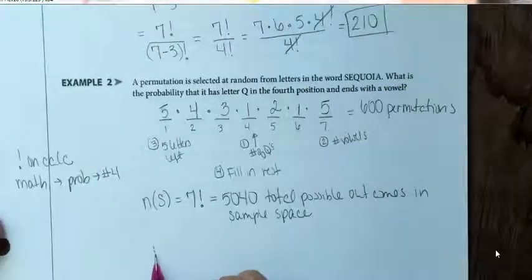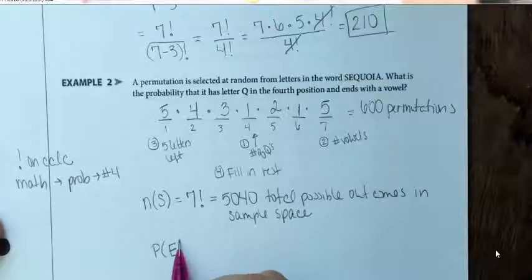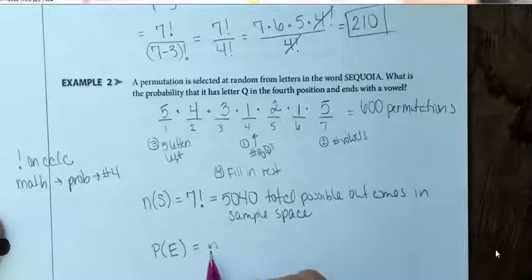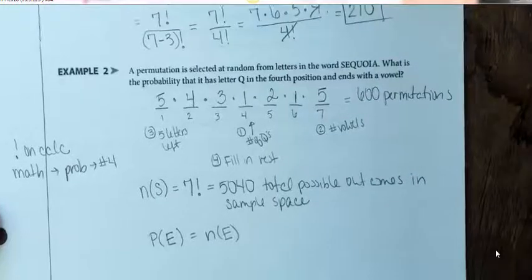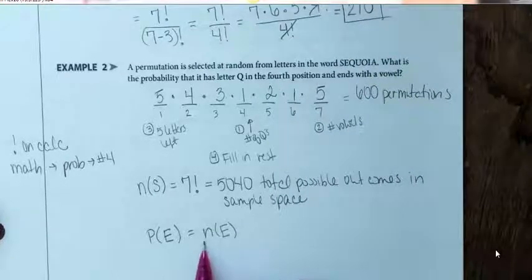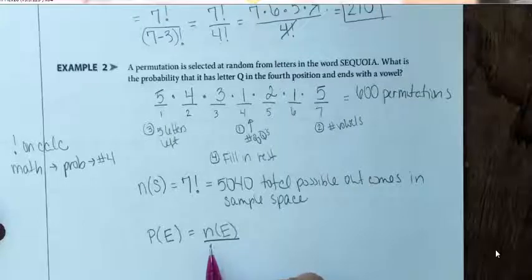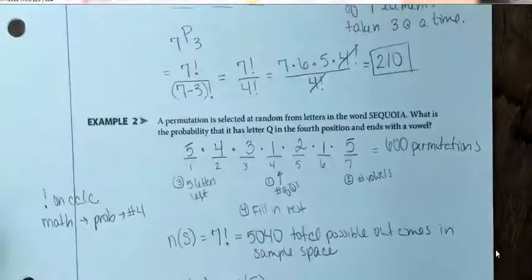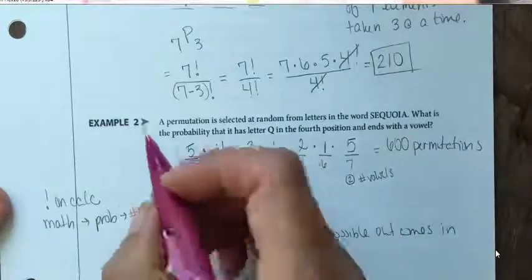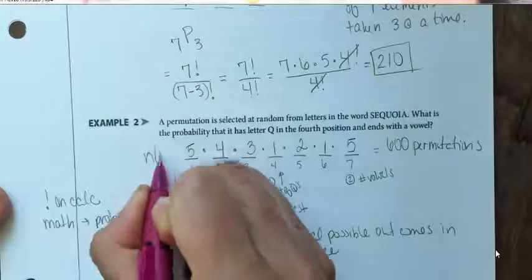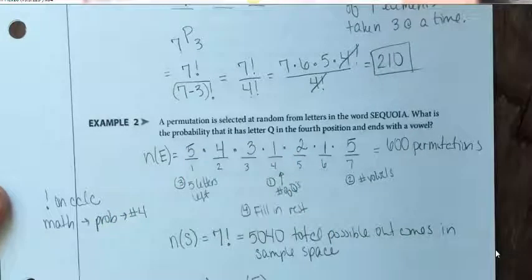So now I'm going to say, well, the probability of the actual event happening that I want to have happen is the number of times that event could happen, or the number of permutations of it happening, over the number of the sample space. So this right here is really giving me the number of the actual event that I want to have happen.